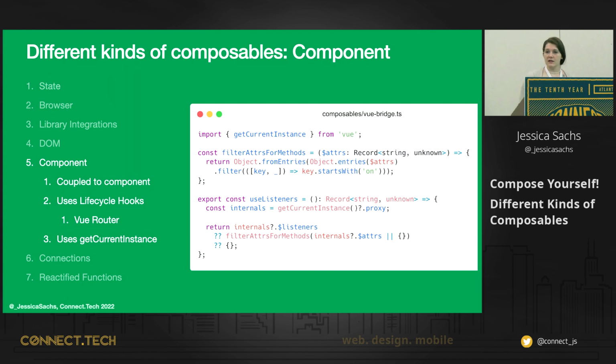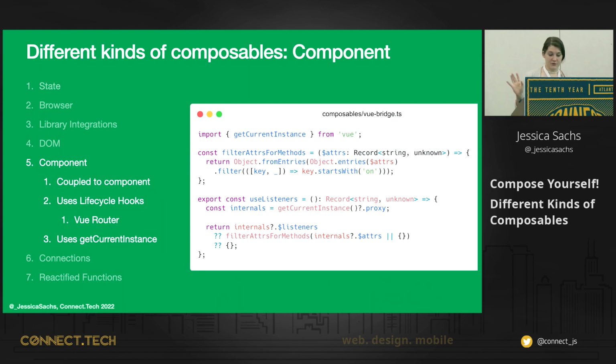So I posted in the Vue Discord and asked if it's a bad idea. And everybody was like, nah, you're doing something weird. It's probably going to break at some point, but it's a decent workaround. This is one of those weird instances in which you may want to reach into, literally I named it internals, right? Reach into the internals and see if there are any listeners, probably in Vue 2.something, if it has listeners. Or you're going to grab anything that starts with on and assume that that is a vanilla or otherwise custom method.